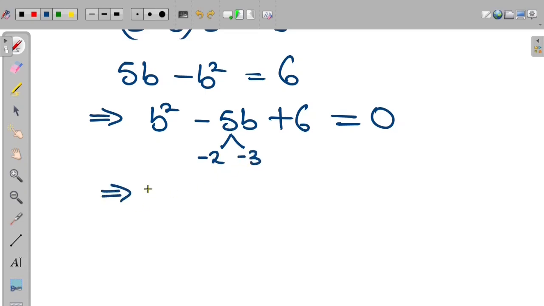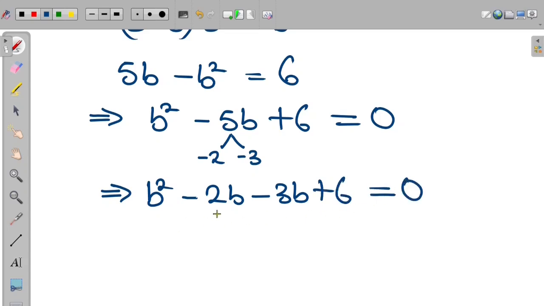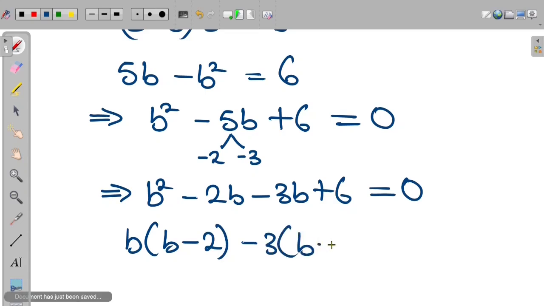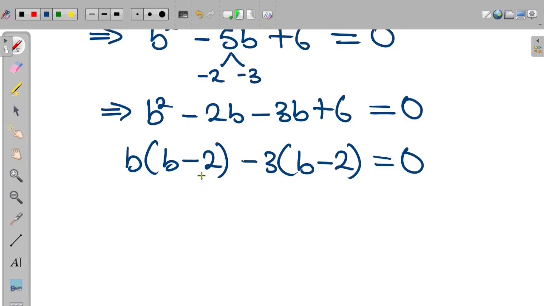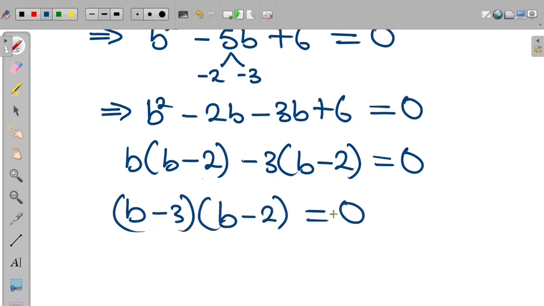So the equation becomes B squared minus 2B minus 3B plus 6 equal to 0. Now we can group terms. This becomes B, open bracket, B minus 2, minus 3, open bracket, B minus 2, equal to 0. Now let us factor out B minus 2. So this becomes B minus 3 all multiplied by B minus 2 equal to 0.